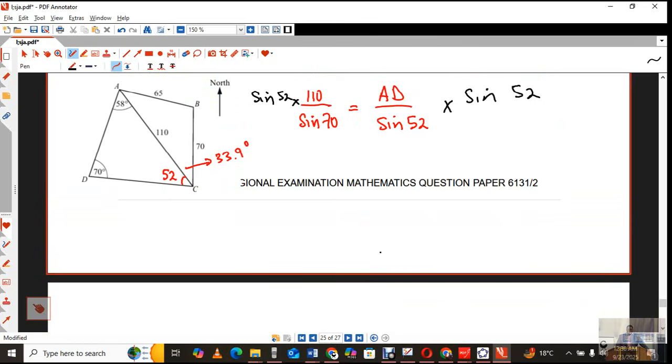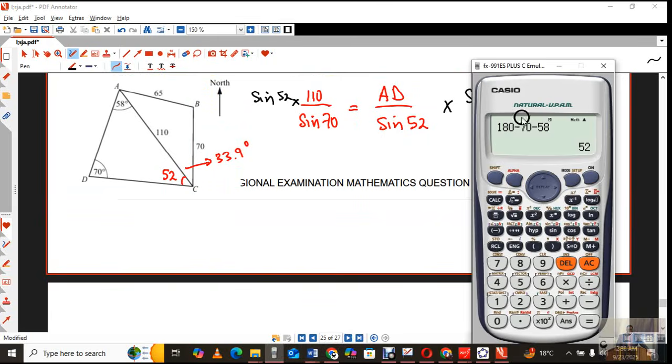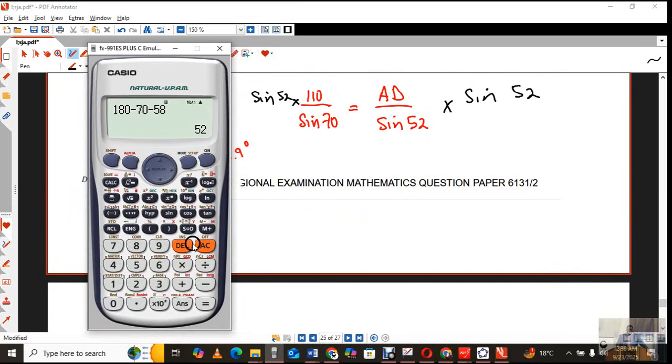Right. So let's just grab our calculator and see what's happening there. So I'm going to say sine of 52 times 110. Then you're going to divide that by the sine of 70. So we get a whole answer of 92 point.